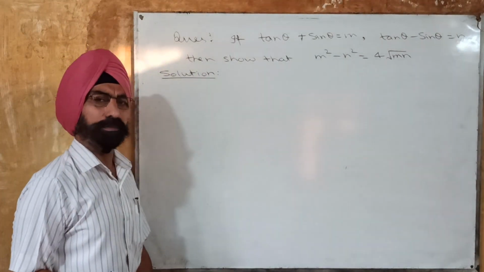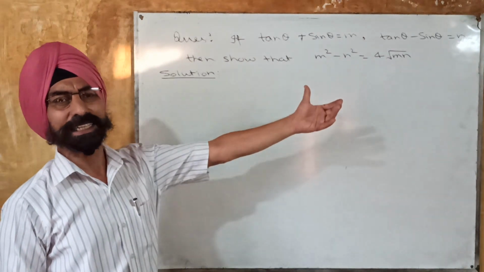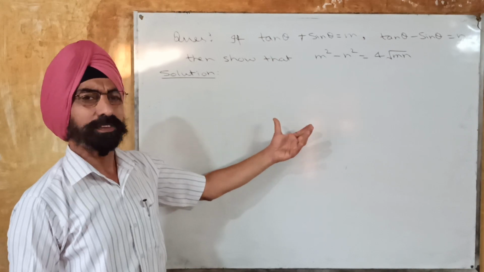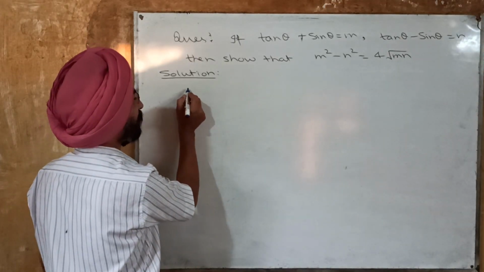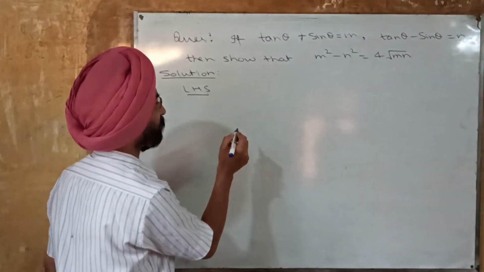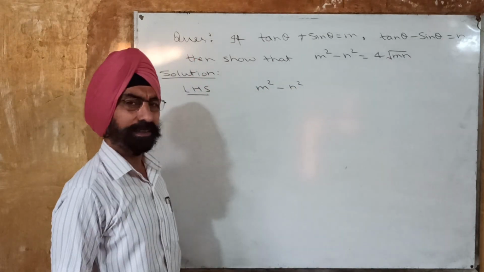As in most cases, we start the question with the left hand side and arrive at the right hand side. So similarly, I am going to do it here. Left hand side, the question is m square minus n square.